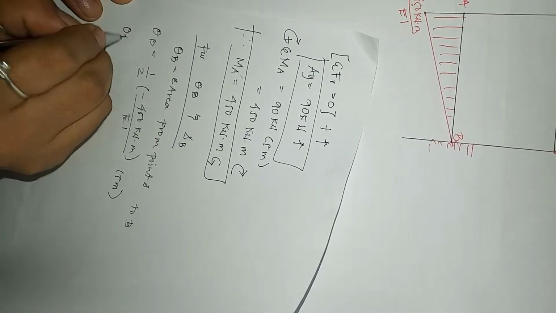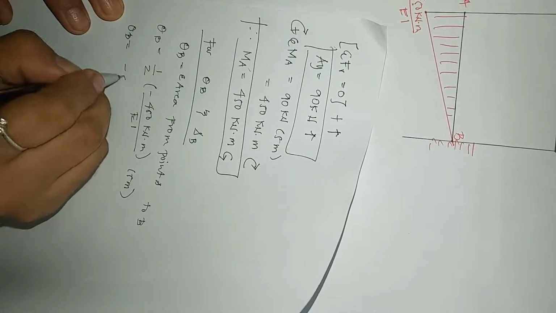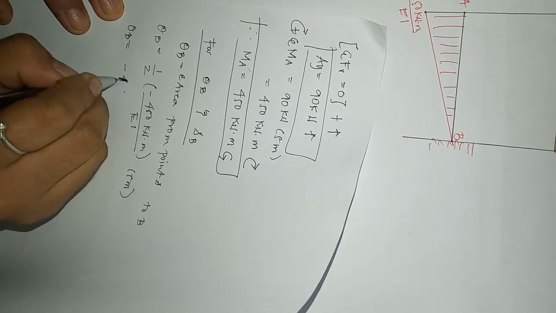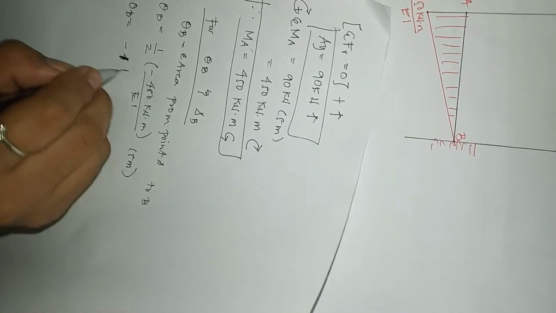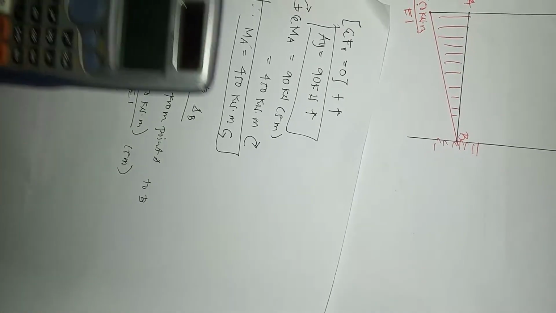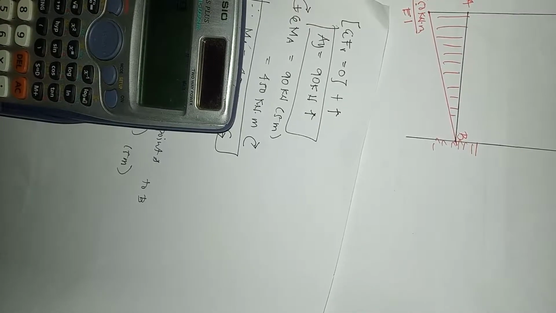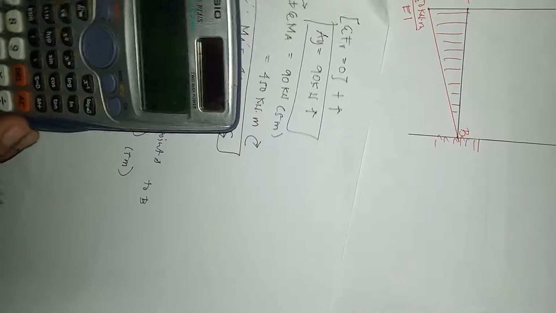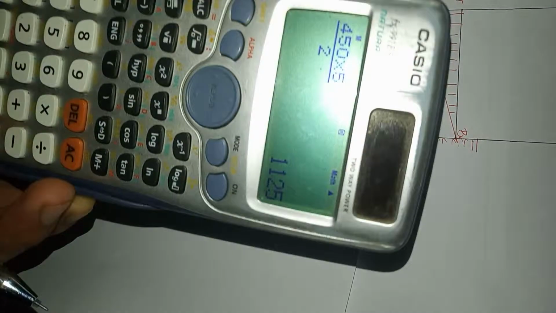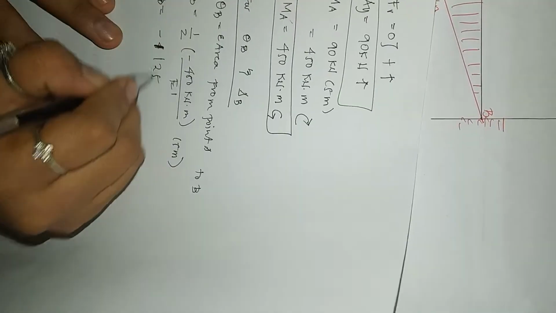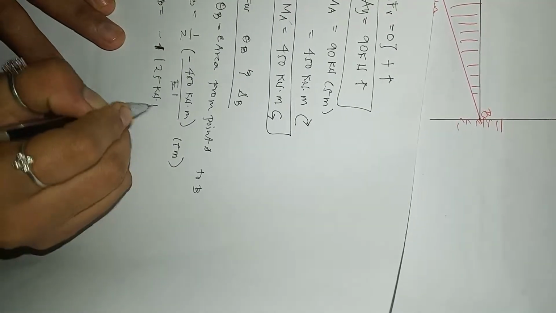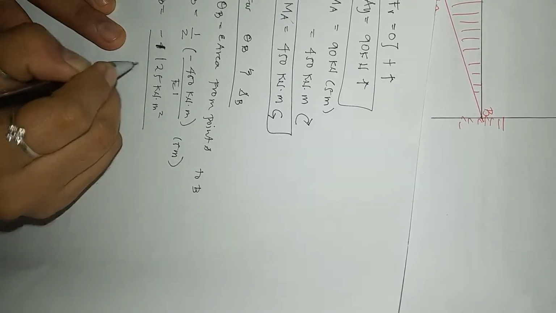So theta B is equal to negative 1125. So 450 times 5 over 2 is 1125 kilonewton meter squared over EI.